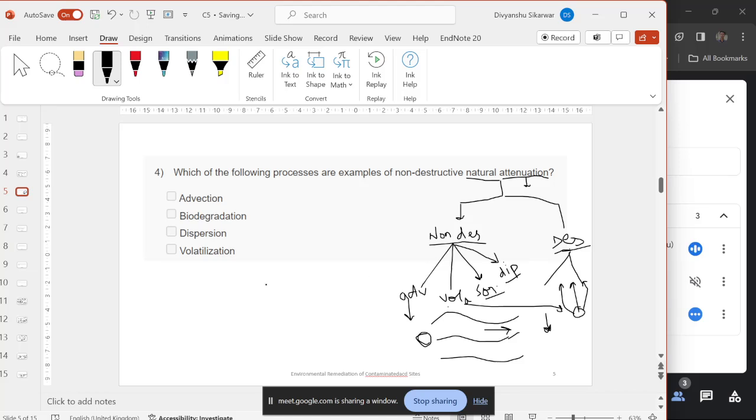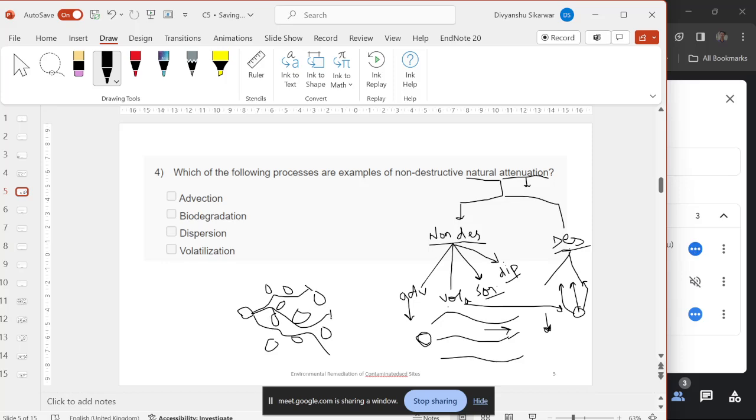Dispersion means if we have a soil medium and here we have a source of contamination, one molecule of the contaminant is traveling through this path, or one, two, three, n number of molecules are moving through these paths.